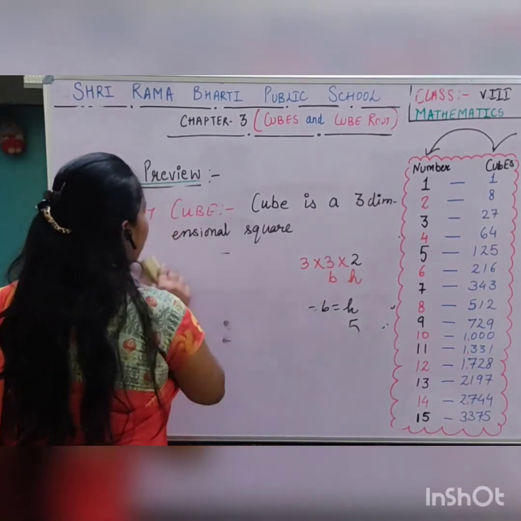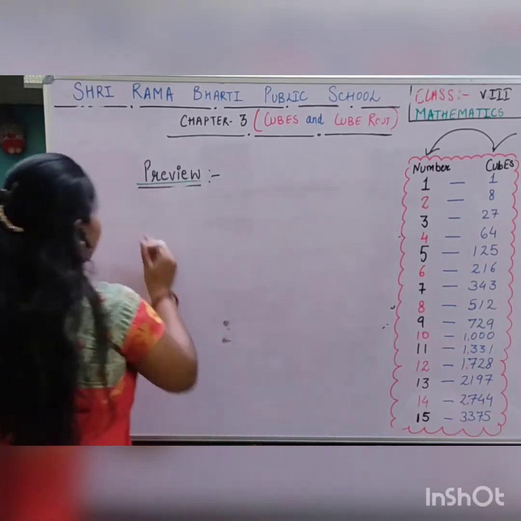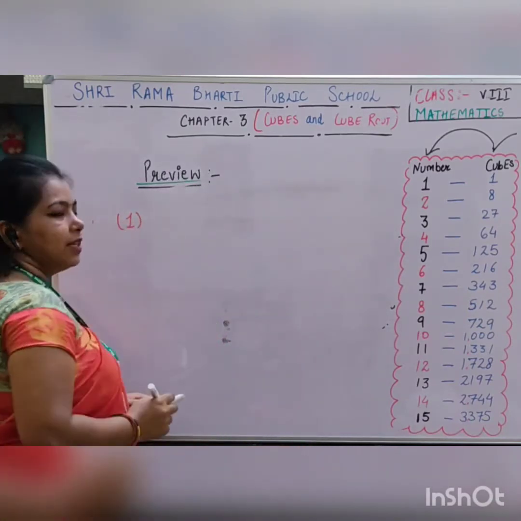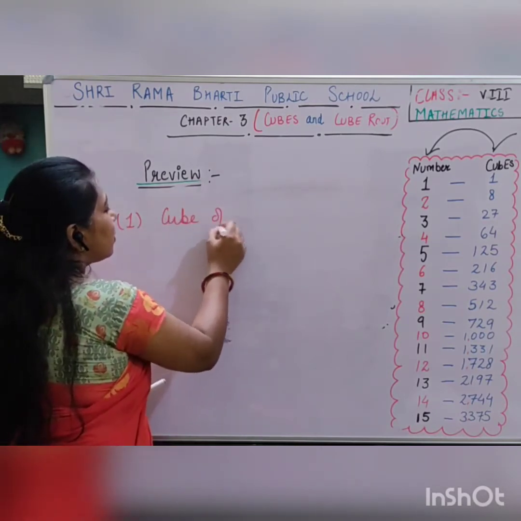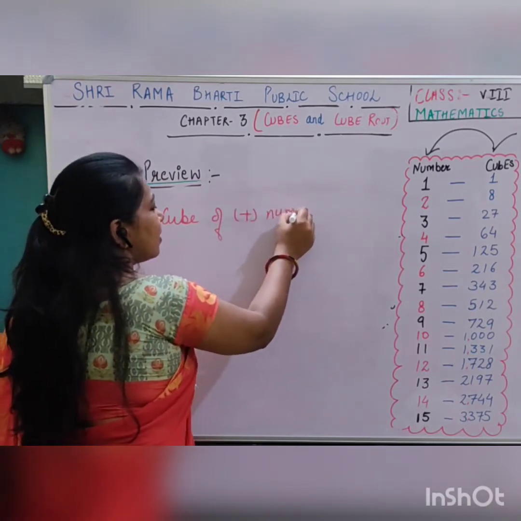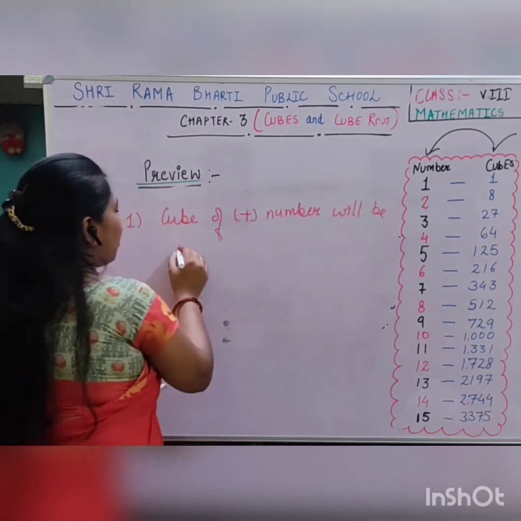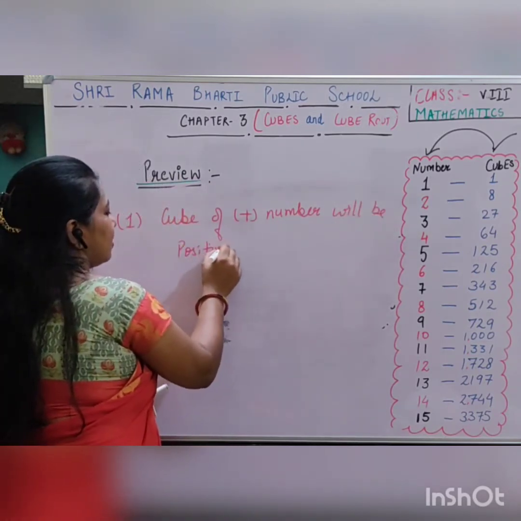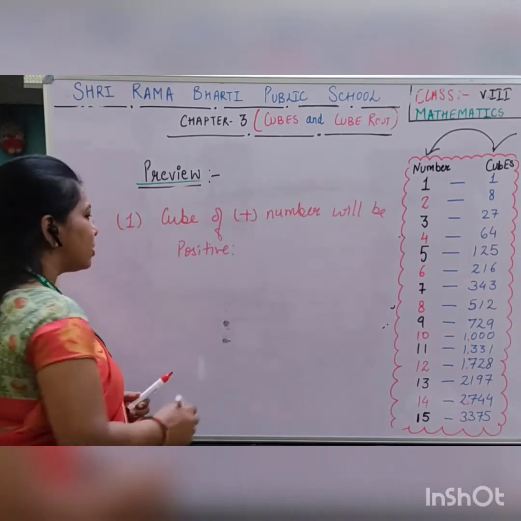So our first property says that the cube of a positive number will be positive. Right? With an example, we will just see it.